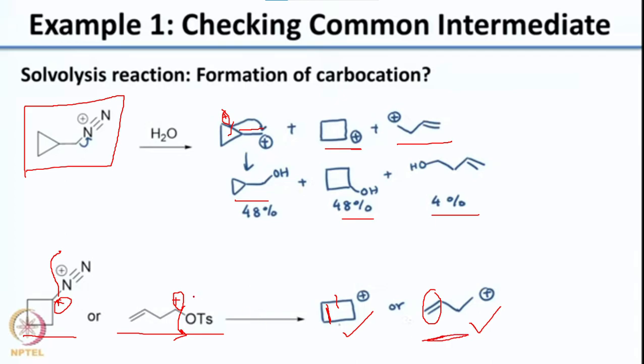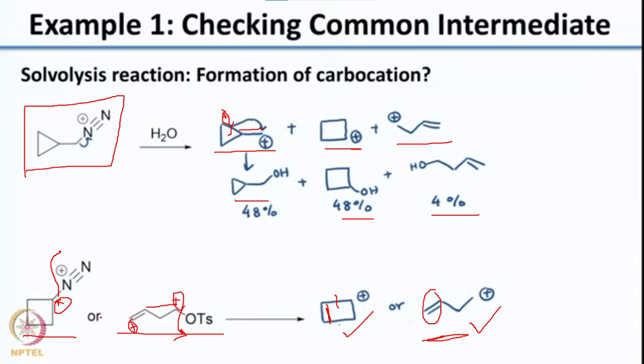Now again this carbocation can undergo isomerization to give this cyclic propane intermediate. It is also possible here, and a carbocation will be generated over here, right? So all these three carbocation formations can take place during these three types of reaction.